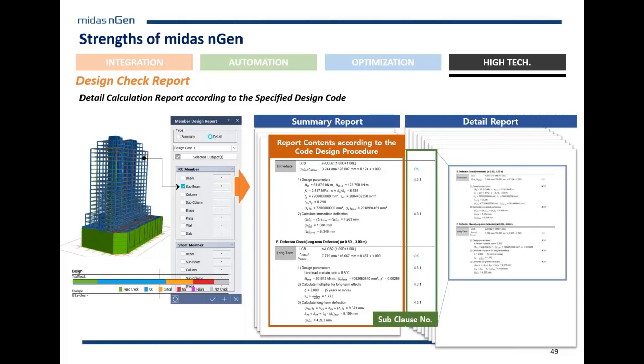So this report that is generated is as per the code. There will be subclause numbers also provided to you, and you can actually see how the program has performed the entire design. And this is not just a general design information. This is about each and every individual member.